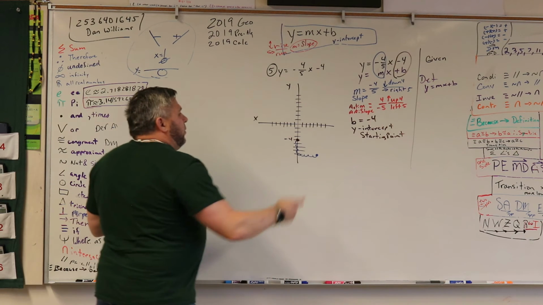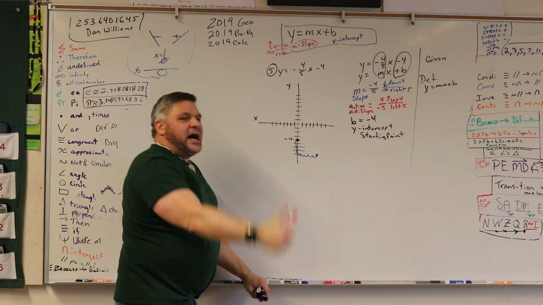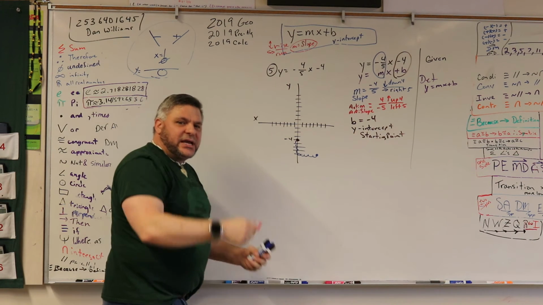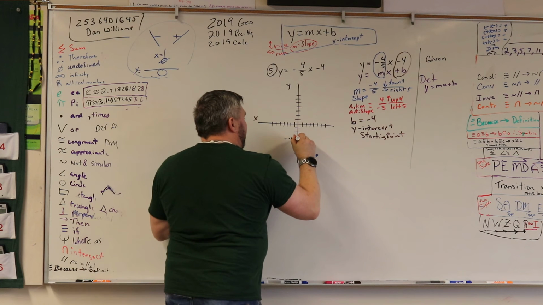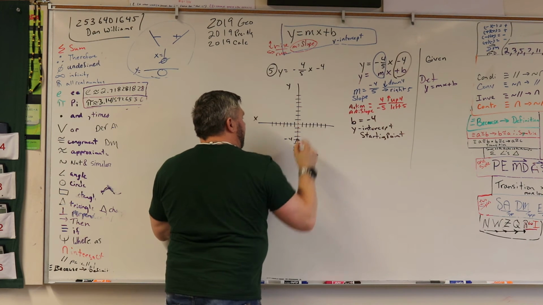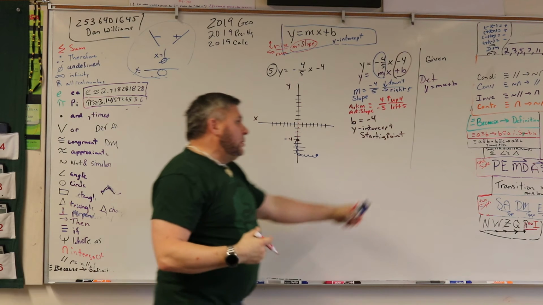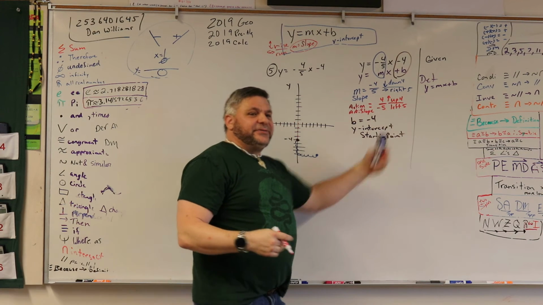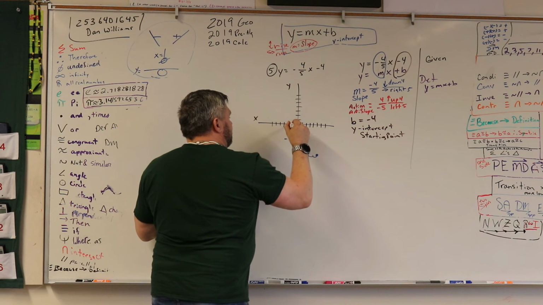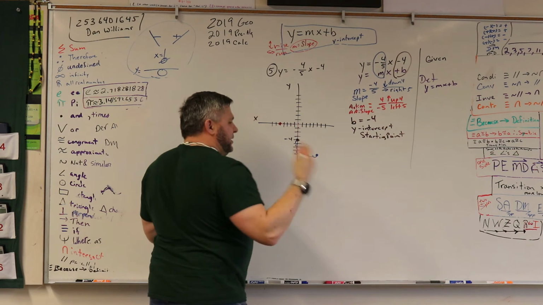So then, what is 4 though? 4 is positive, so it's up in this case. So now I'm going to go up 4: 1, 2, 3, 4. And then I'm going to go left 5: 1, 2, 3, 4, 5. So this is my point.